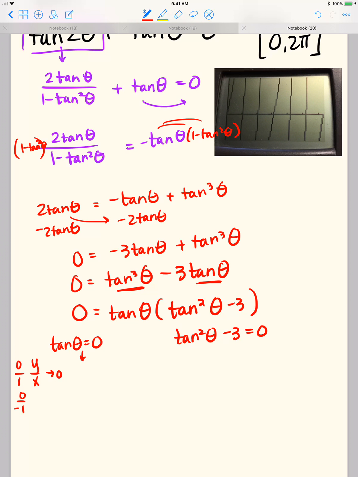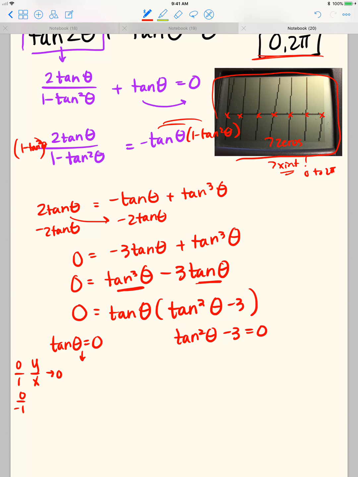So the only places where your tangent is 0, again, we're going from 0 to 2 pi. If you notice the graph, this has 1, 2, 3, 4, 5, 6, 7 zeros, 7 x-intercepts from 0 to 2 pi. So we should get 7 distinct solutions here. That's just the way the graph looks for this tangent combination function.